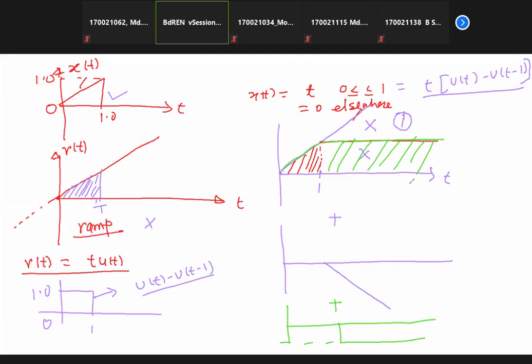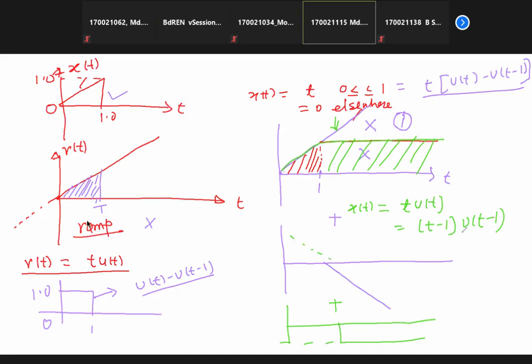But let us show that this operation and the previous operation using this pulse are the same. So your x(t) would be equal to what then? x(t) would be equal to t u(t), the ramp, the first one. Then you have shifted your ramp to t minus 1, so u(t minus 1), because this should of course be written u(t minus 1), otherwise it becomes undefined in this region, okay? Then you have to, won't it be minus?